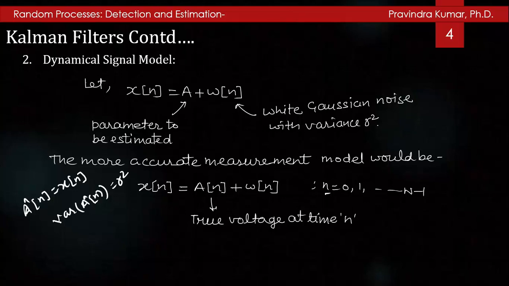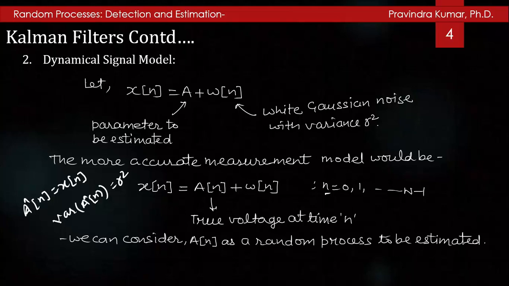We can consider A[n] to be a realization of a random process to be estimated, for which Bayesian approaches are appropriate. This type of modeling was discussed in Wiener filtering. There the signal to be estimated was termed s[n], and it was assumed to be zero mean.